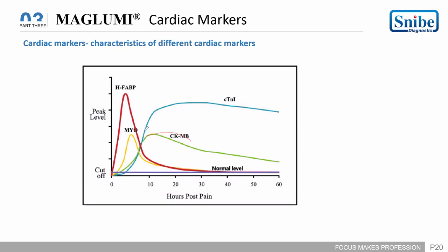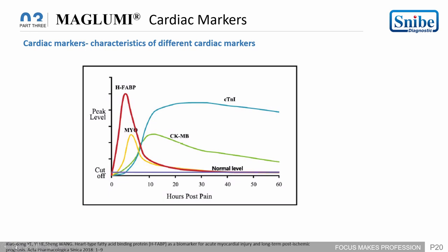CK-MB and conventional cardiac troponin I have a linear rise, and after 8 to 10 hours their values have clinical significance. The high sensitivity analytes we will discuss in the next slides.